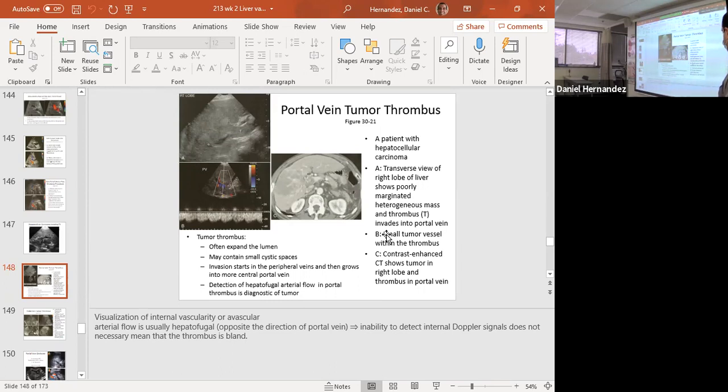Visualization of internal vascularity is sometimes present, and arterial flow is usually hepatofugal, in the opposite direction of the portal vein. So sometimes we'll see small tumor vessels within the thrombus. That's how we can differentiate between tumor versus straight thrombus.